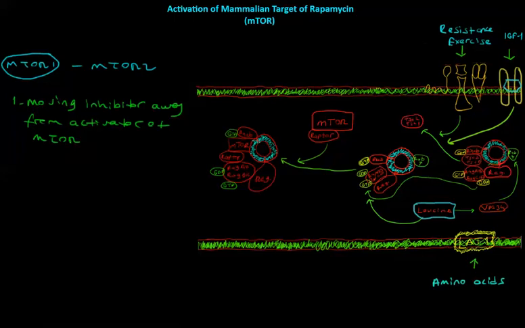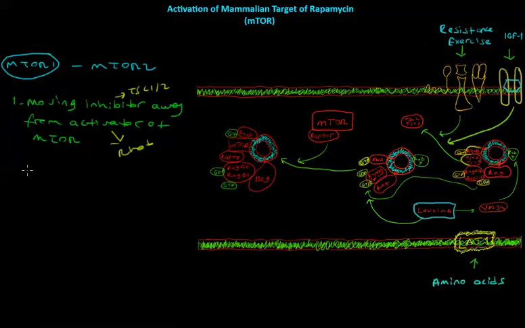So if you remember from my first video, inhibitor of mTOR was TSC 1/2, and activator of mTOR is Rheb, which is right here. I know it's kind of difficult to see here, but this is Rheb right here, activator of mTOR, and the one right below Rheb is the inhibitor of mTOR, which is again TSC 1/2.